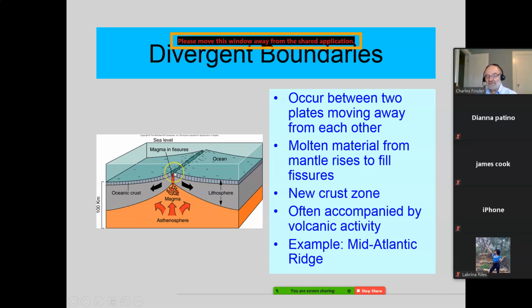So magma fills in the fissures and builds this way and that way. So yes, there is some building in between, but there's also spillover this way and spillover that way, because this does come all the way to the top and spills over. And that's what makes the ridge a ridge. Okay, so that's an example of a divergent boundary.